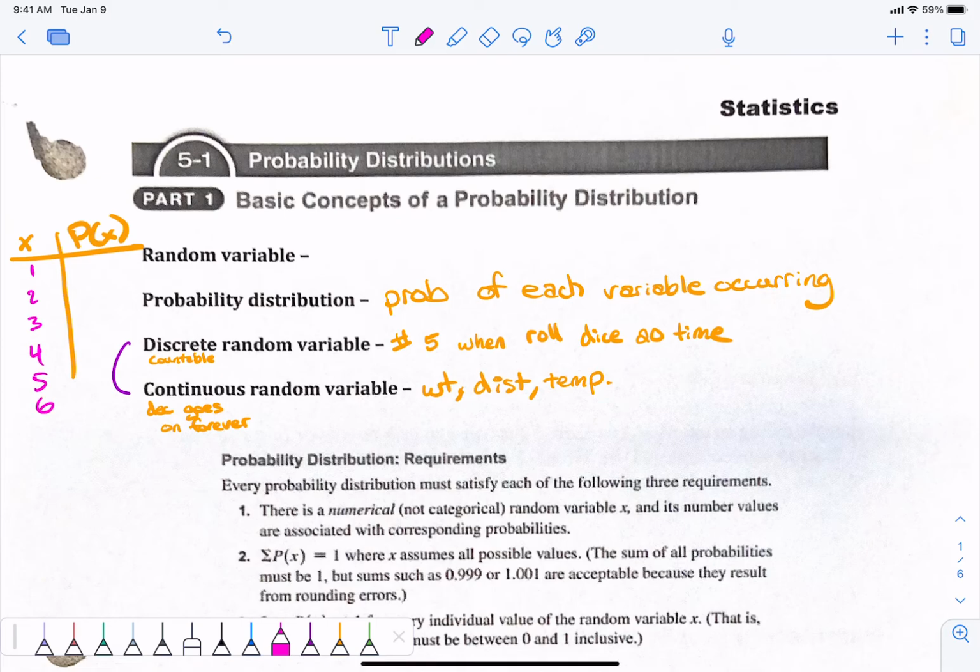I'm rolling dice, right? What would p of x be? 1 out of 6, 1 out of 6, and so on, right? Because each one of those has an equal chance of happening, assuming we're using a fair die. This is what a probability distribution is, this table. A probability distribution is a table. It's showing all of that good stuff, okay?